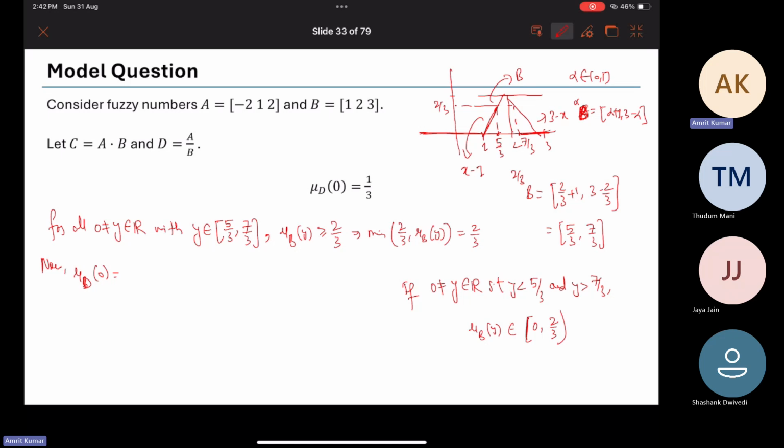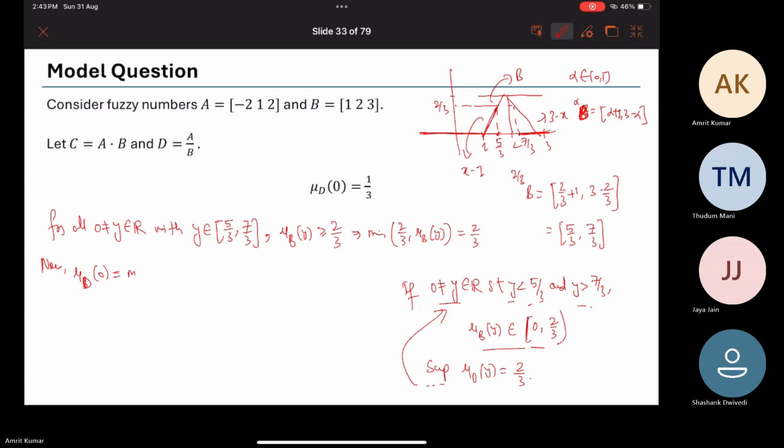Similarly, when you approach 7 by 3 from the right-hand side, the membership value keeps on increasing and it goes all the way to 2 by 3. But since 5 by 3 and 7 by 3 are excluded, that membership value 2 by 3 is never really achieved. So when y is a non-zero number such that y is less than 5 by 3 or y is greater than 7 by 3, mu B of y is in this particular interval. So when you take the supremum over this particular set of mu B of y, you end up getting 2 by 3.